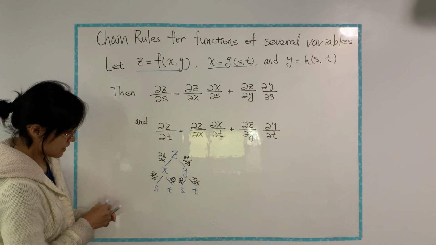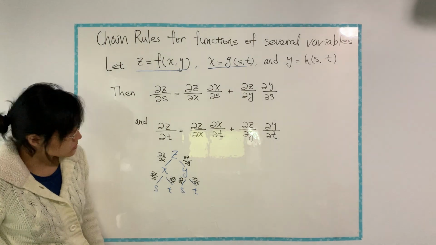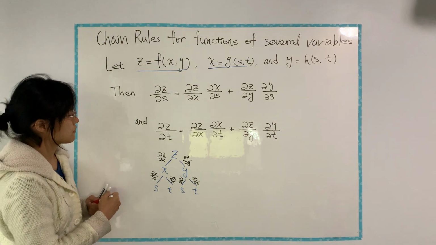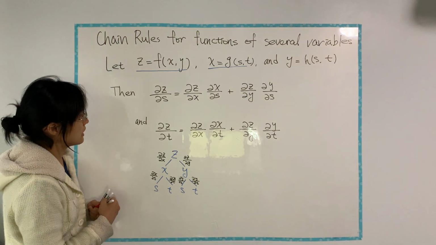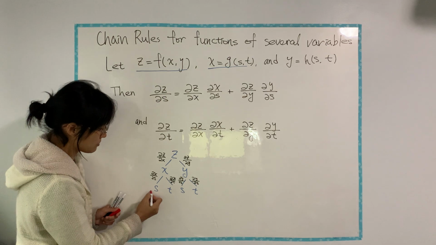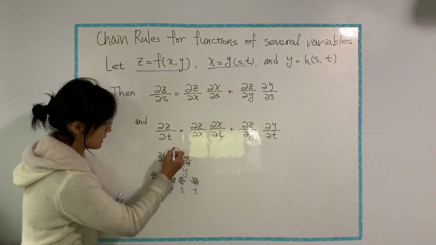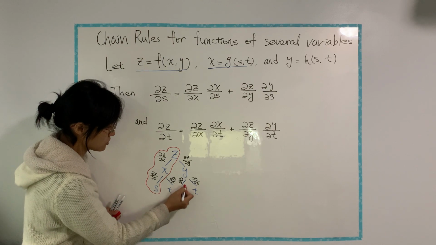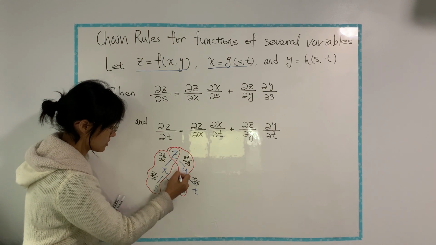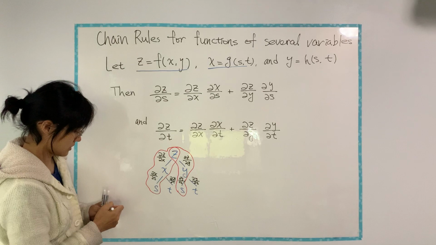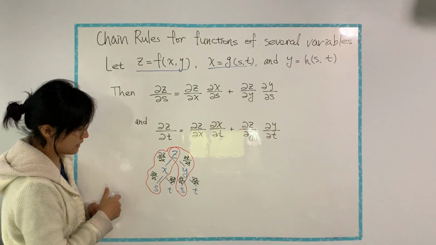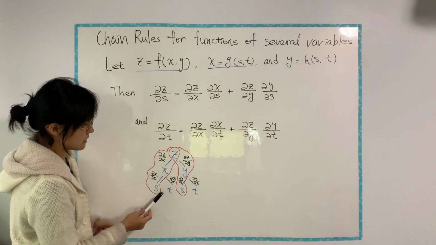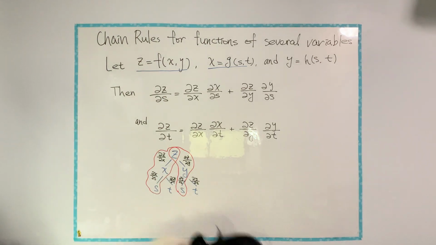All right, so now I want to find dz ds, so I'm gonna find all the branches that connect z to s. So this is one branch, this is another branch, and that's all. This is all the branches that I find that connect z to s.